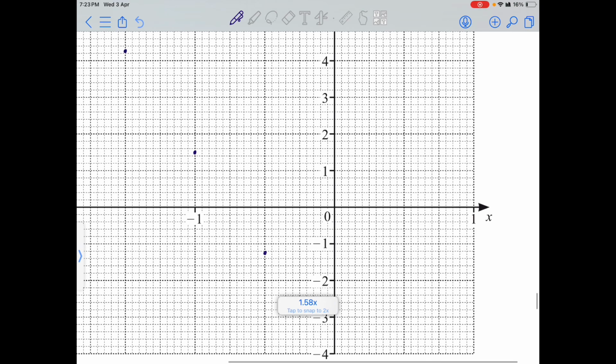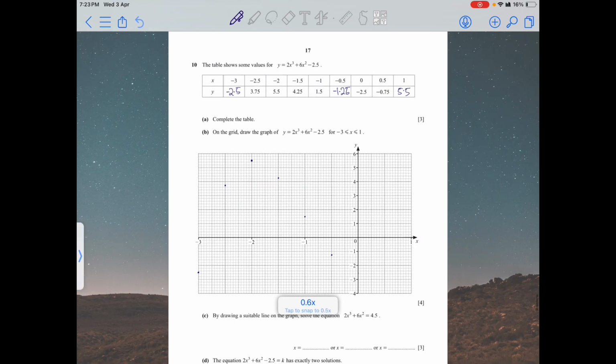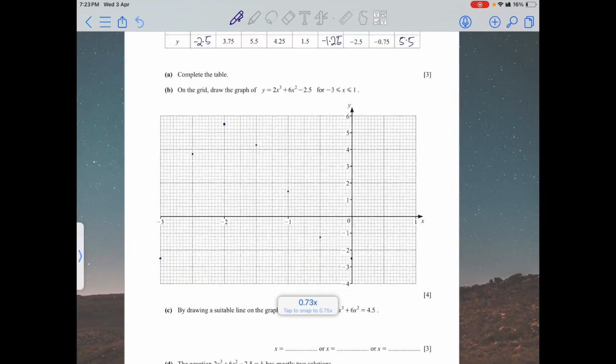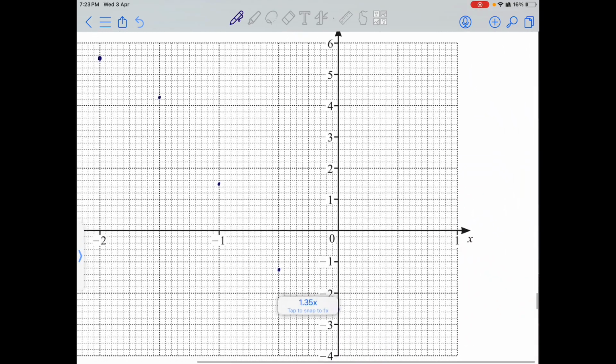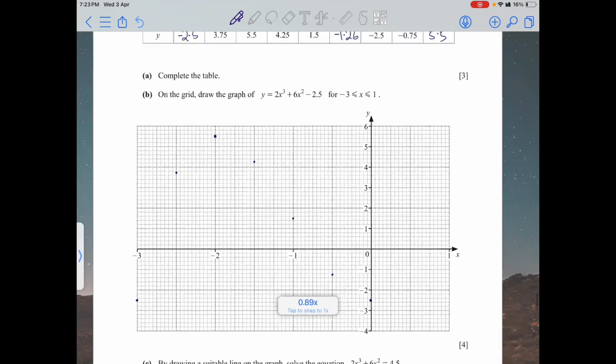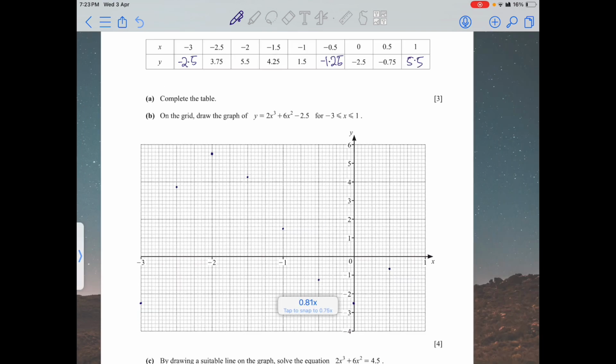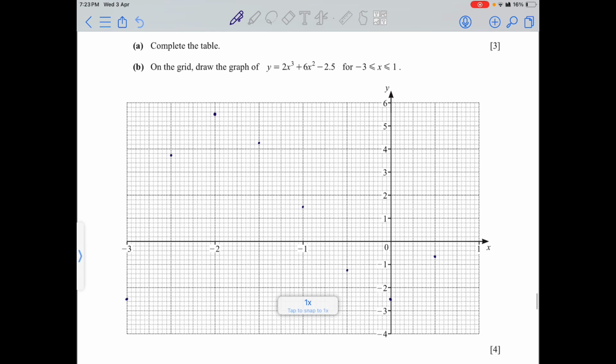Yes, it's quite confusing. 0.5 is -0.75, then 6, 2, 4, 6, and then 8, so 7 would be here. The last one that you have is 1, which is 5.5.